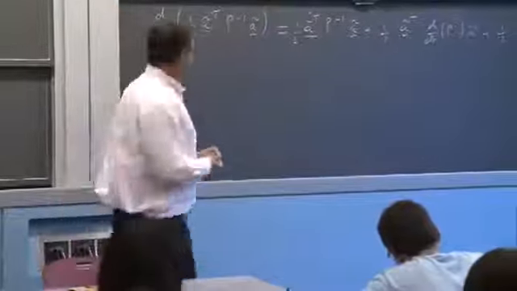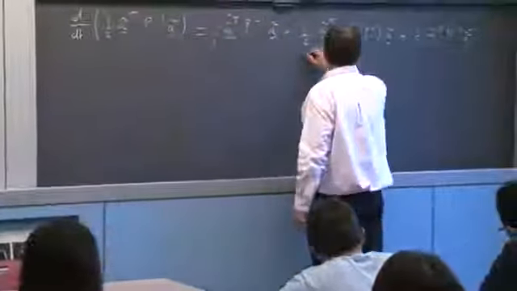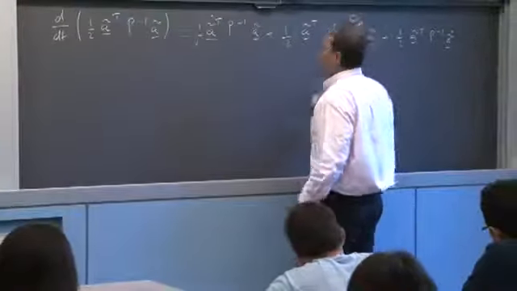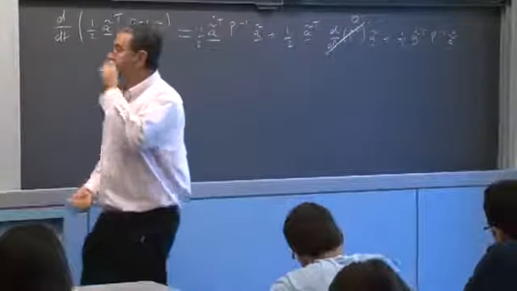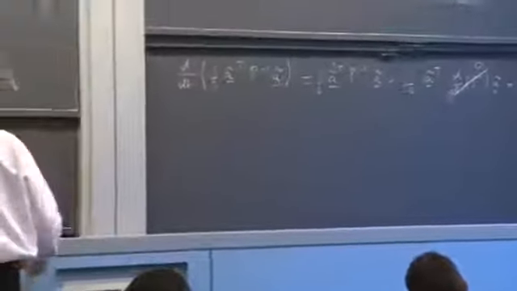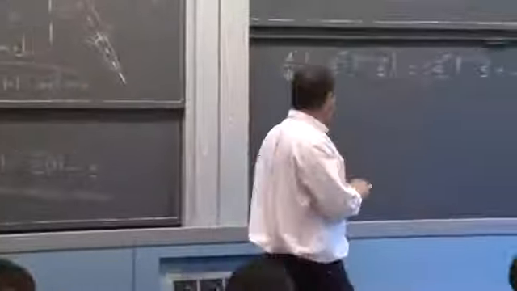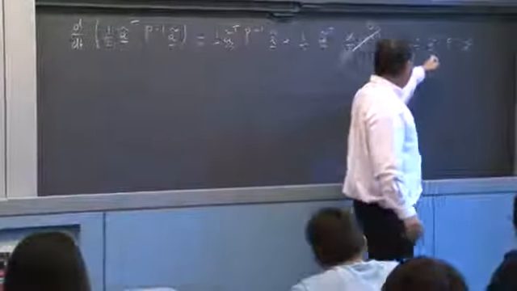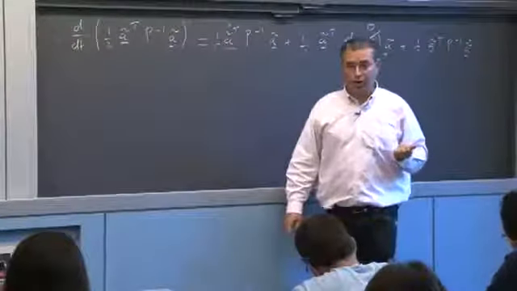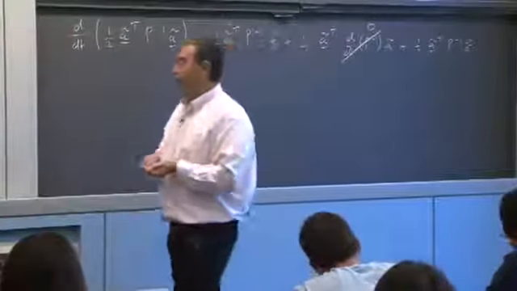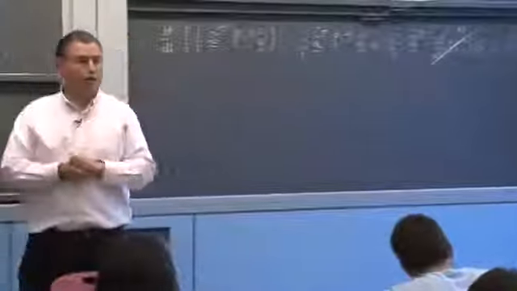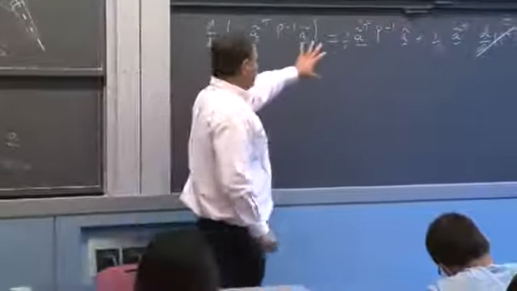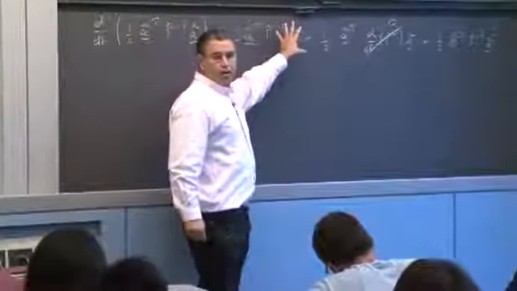Now, this term is 0, of course, because p is constant. So we have 1/2 of a tilde dot transpose p inverse a tilde, plus 1/2 of a tilde transpose p inverse a tilde dot. Can we simplify this a little? Well, these are scalars.